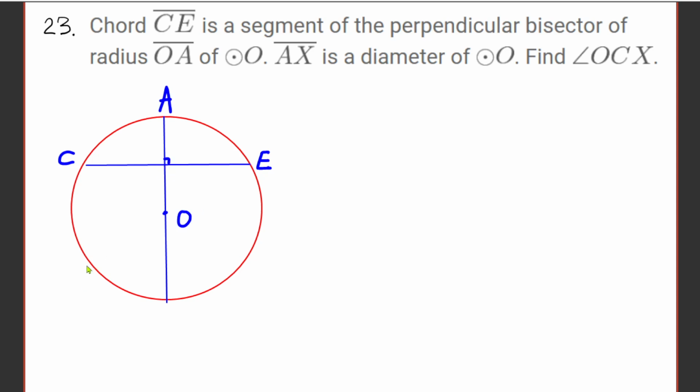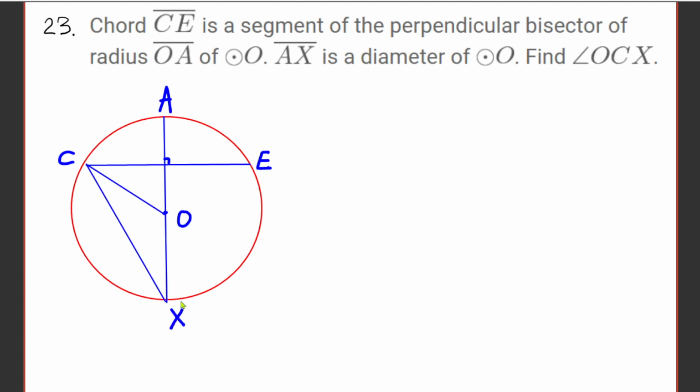And this angle here is 90 degrees. Again, let's also connect O and C. Connect these 2 points. AX is a diameter, so X is on the circle as well.